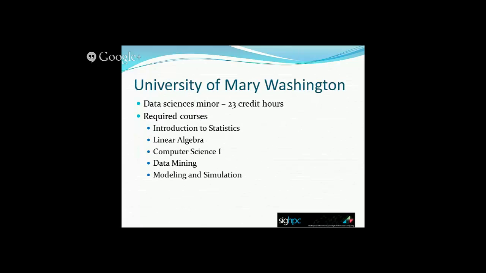The last example I'll cite is one of a data sciences minor, and this was started about a year ago at the University of Mary Washington in Virginia. It's a different focus because it is focusing on data science. So required courses include Introduction to Statistics, Linear Algebra, a Computer Science 1, Data Mining, and a Modeling and Simulation course.